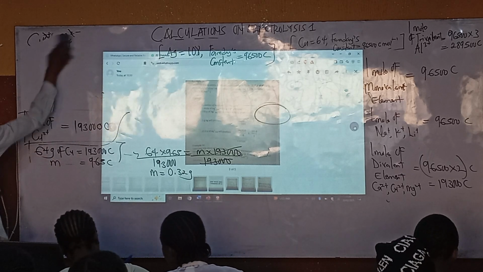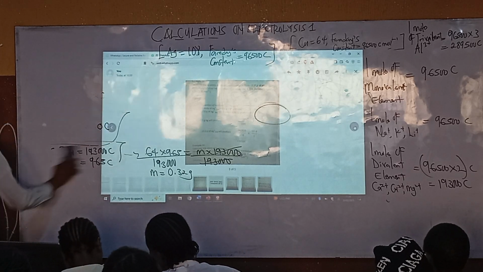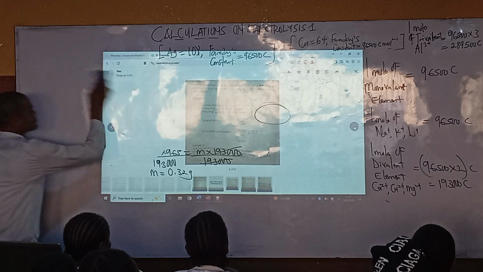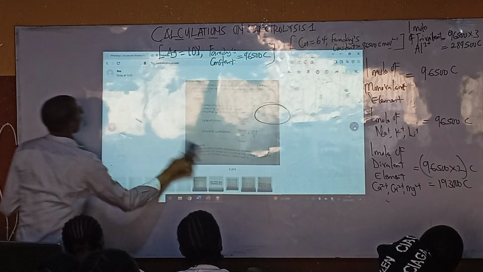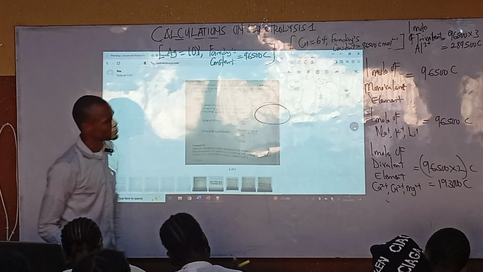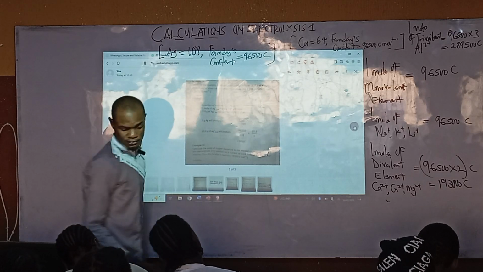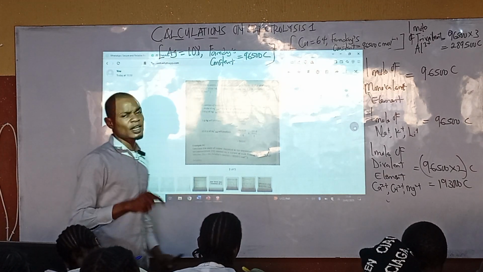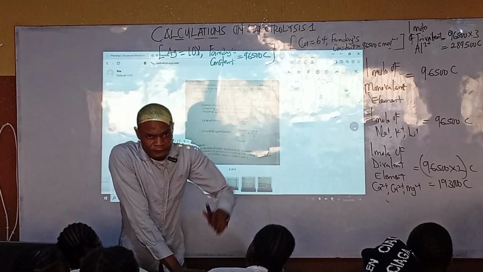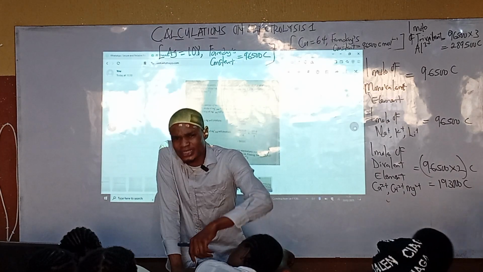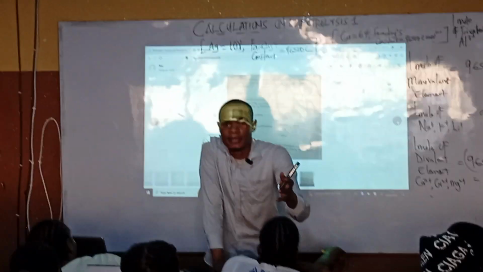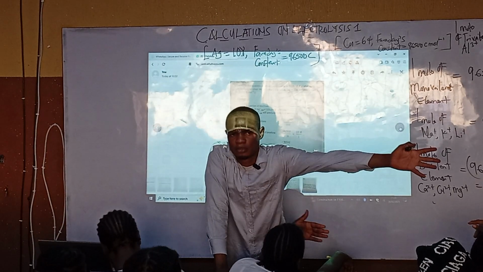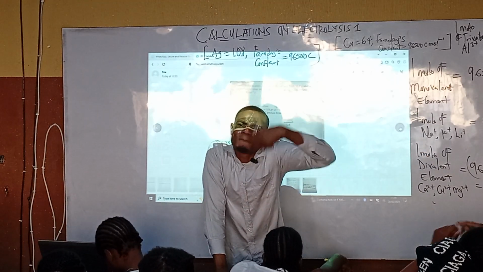Now, look up. What's the question? You are looking for Q this time around. In the previous example, they gave us the quantity of electricity they used in their experiment, 965 coulomb, so we were looking for mass.